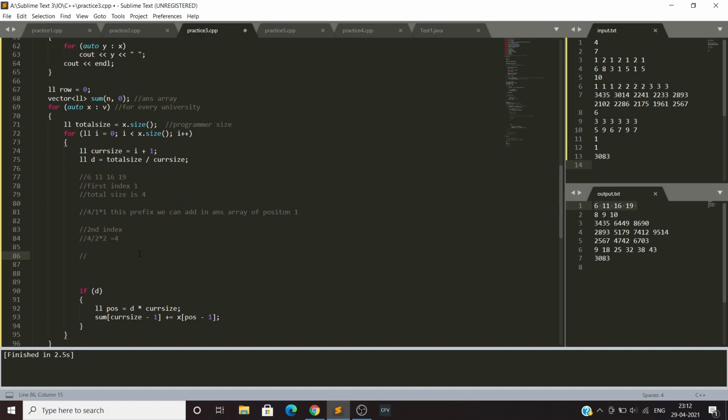For the third index, it is 4 divided by 3, times 3.